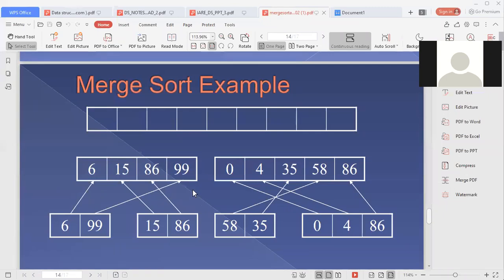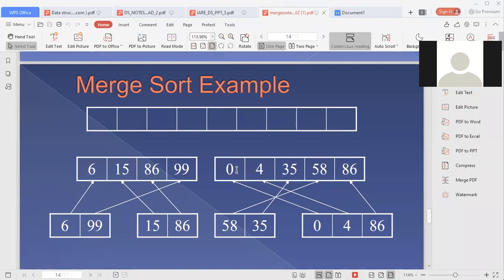Mid comes here. Next, J here and J here. End here. Now compare I with J. Which is least? J.